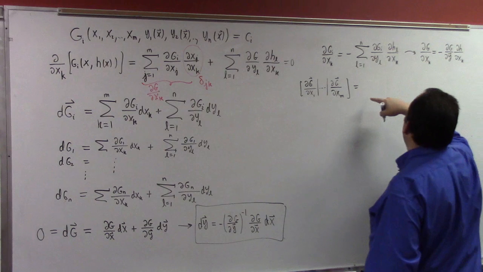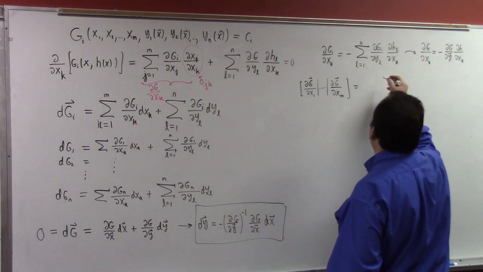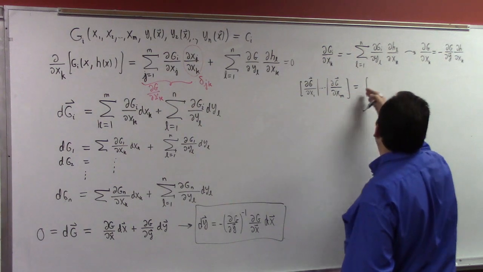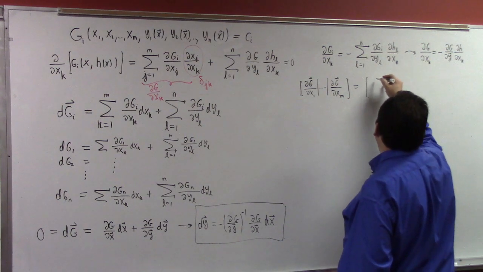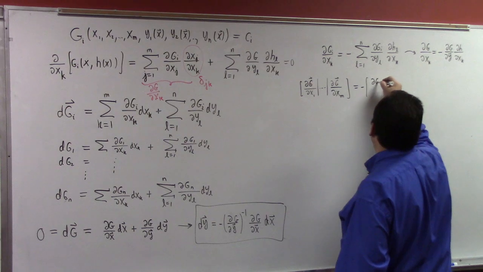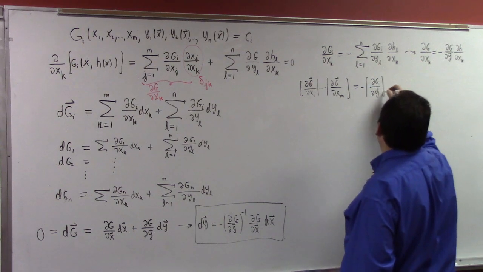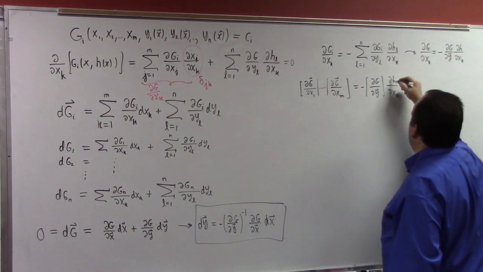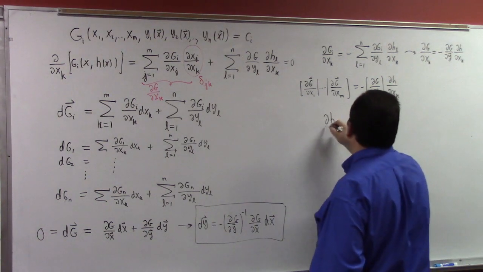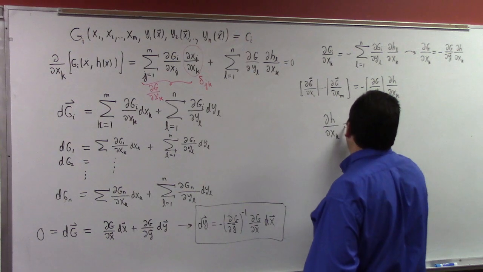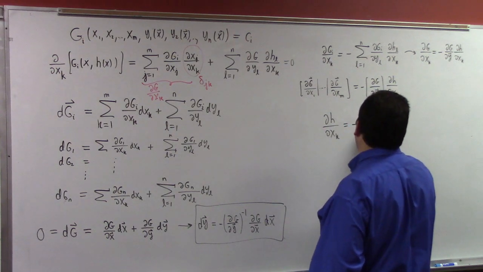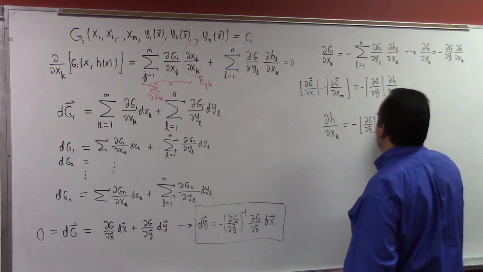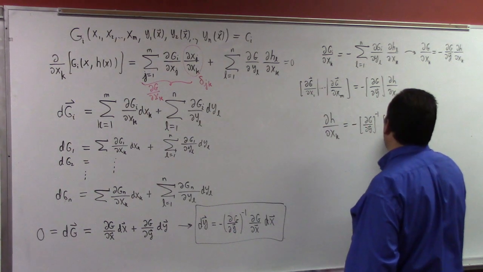And then I have that stacked over and over, putting that in column by column, and then using the matrix column property, I've got minus partial G partial Y times the partial H partial x_k, which then means I can solve for partial H partial x_k as equal to minus the inverse of this matrix times the partial G partial X matrix.